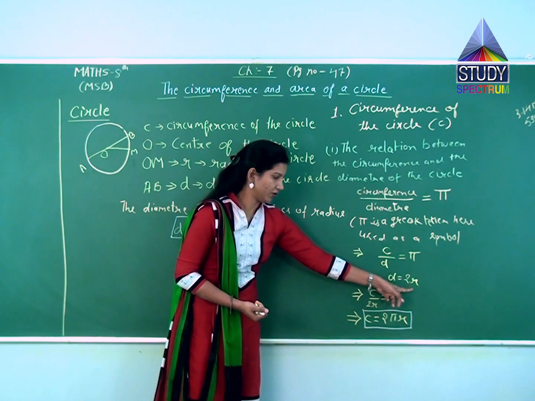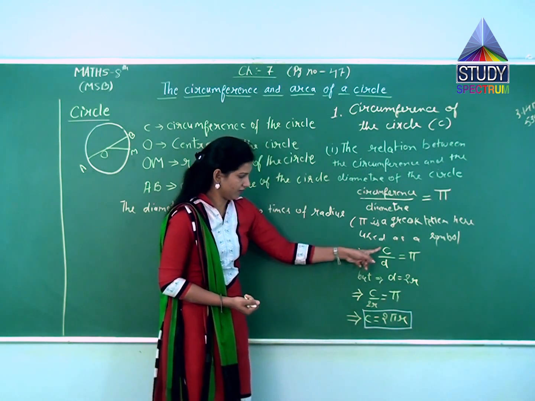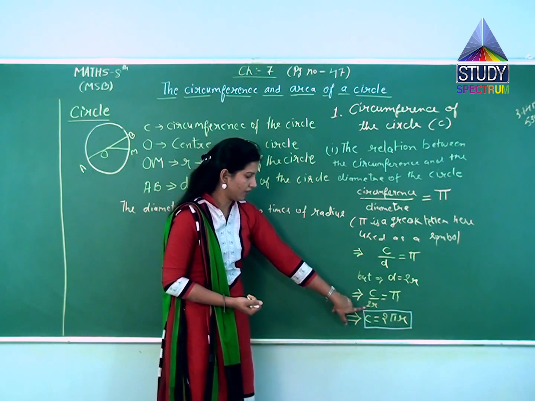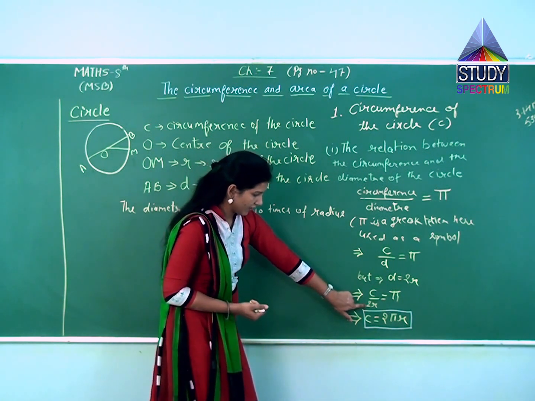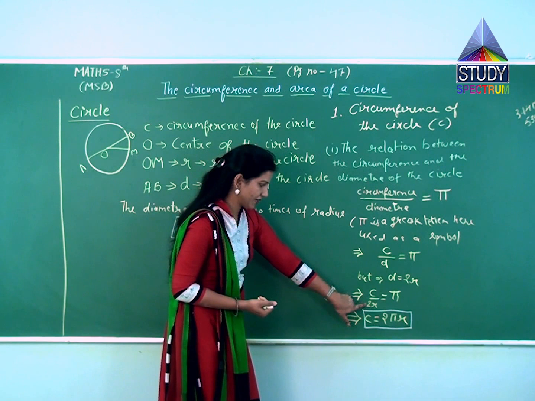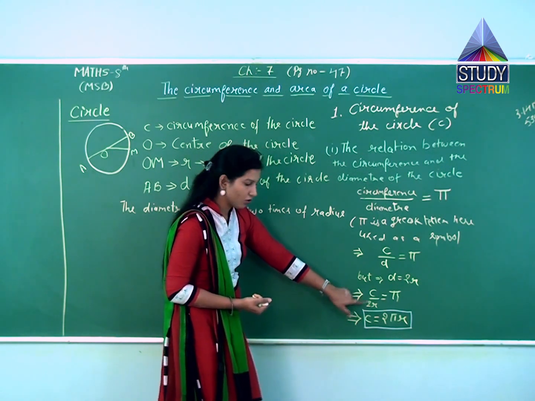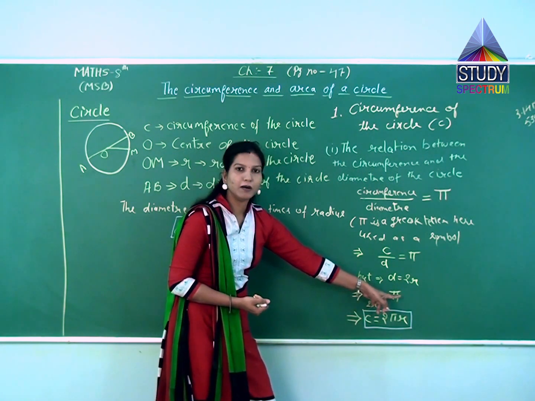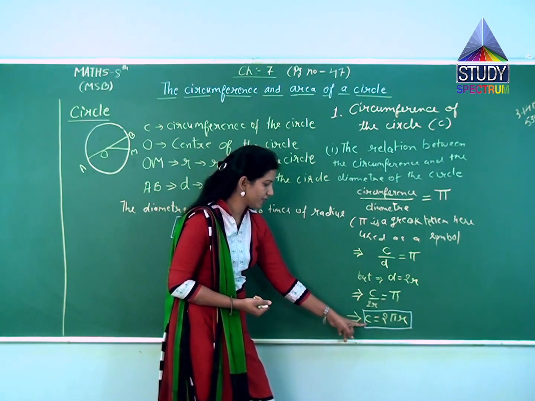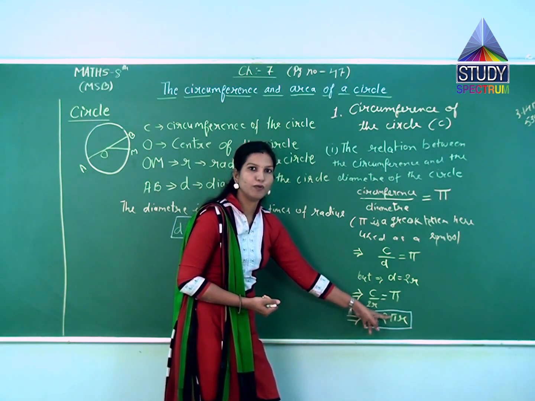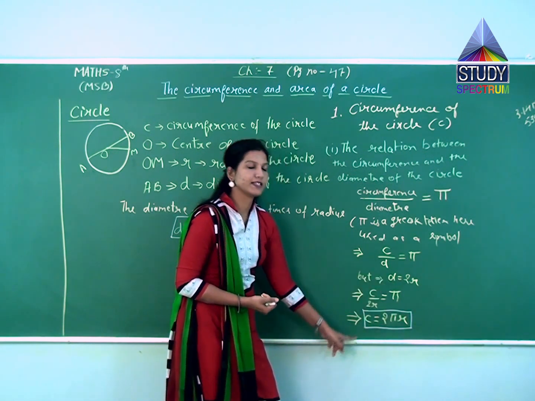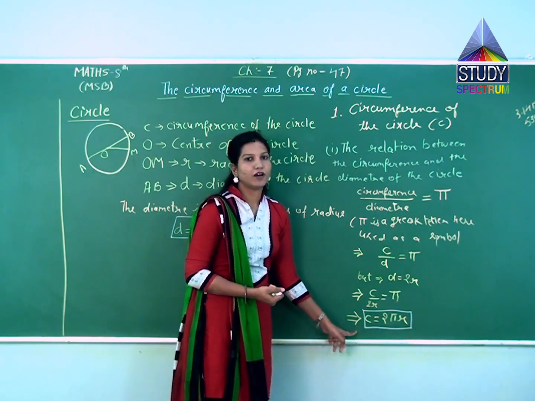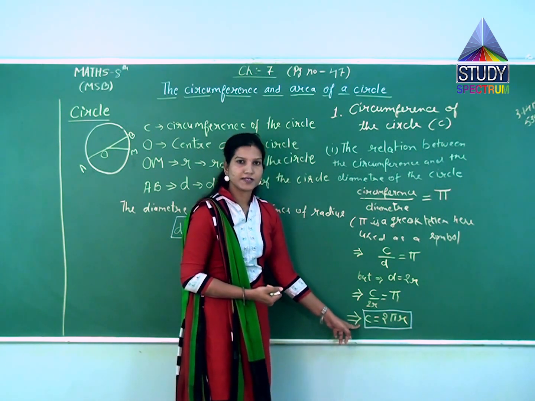So here C upon, instead of D I wrote 2r, and this 2r is in division with C. So after going to the right hand side of the equal sign, it will be in multiplication. So here C will be equal to 2 pi r, and this is the required formula for us to find out the circumference of any circle.